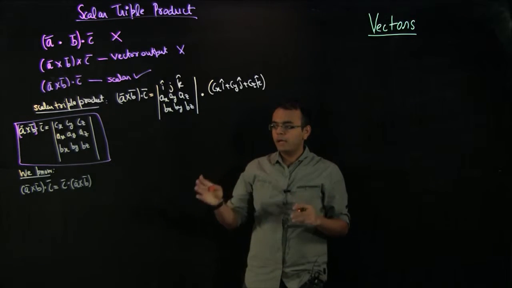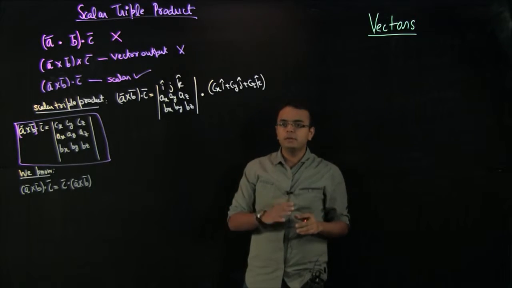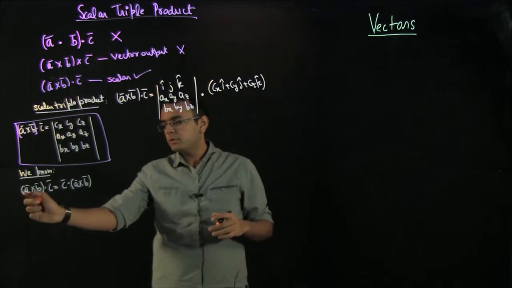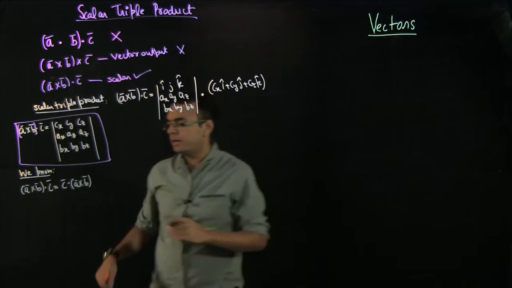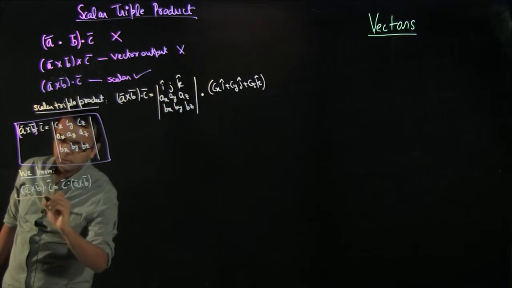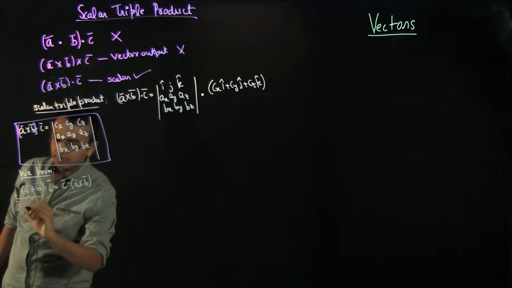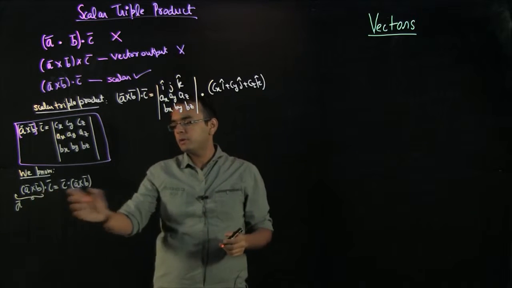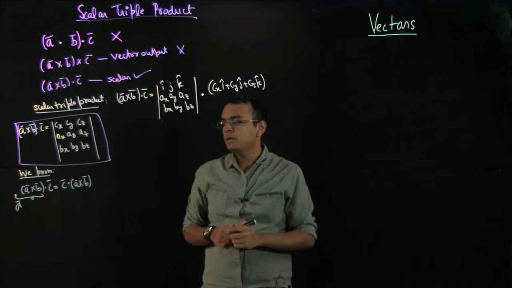We know that because this is a dot product. This is a vector. Let us call this vector D. Then D dot C is equal to C dot D, right? So all you're saying is A cross B dot C is equal to C dot A cross B.